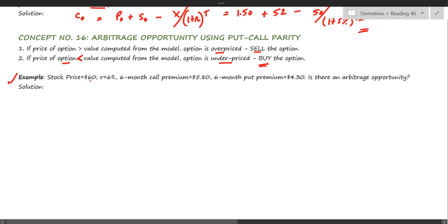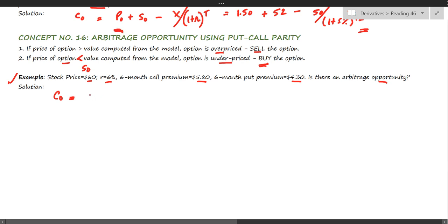Stock price, that is S0, is 60. Risk-free rate is 6%. Call premium is 5.8 and put premium is given as 4.3. And we are asked whether there is an arbitrage opportunity. Very simple. Let us first find the value of the call option using the same formula as we did earlier.